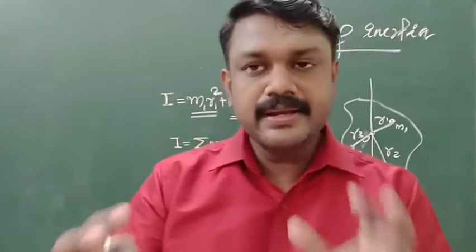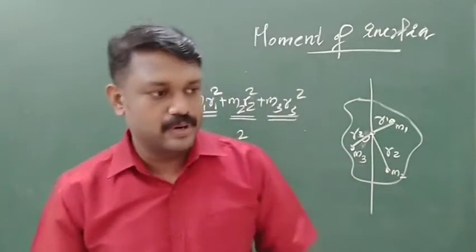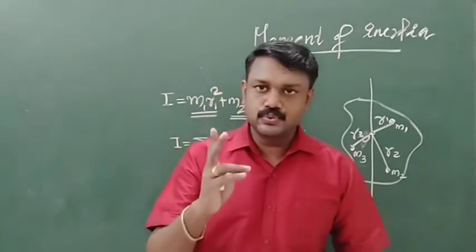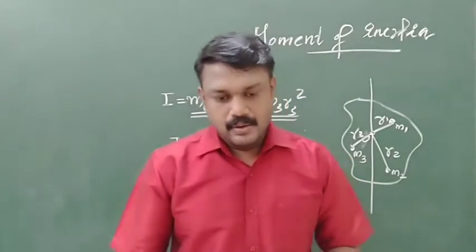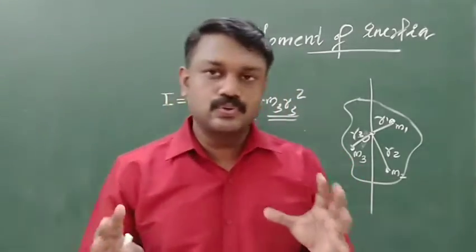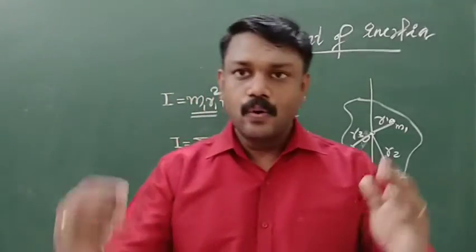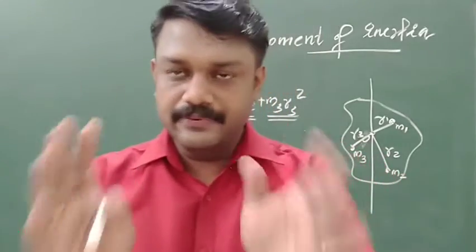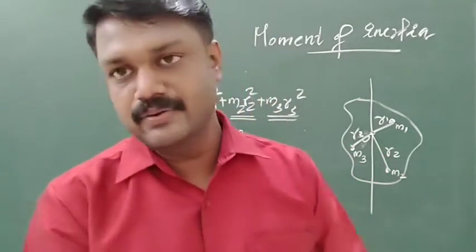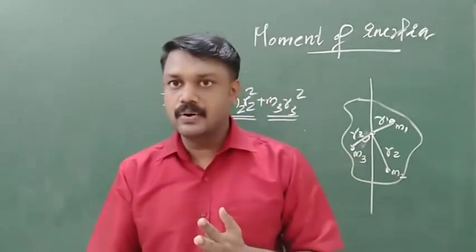Anyhow, to find out the moment of inertia of a rigid body, we can make use of two theorems. Only the statements of those two theorems you have to learn. In the coming topics, only the equations or the definitions you have to take. That is what is in your syllabus, and derivations are not required.